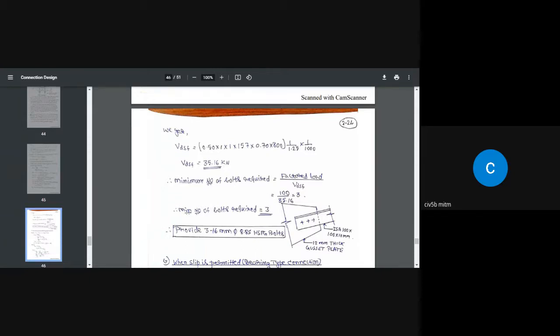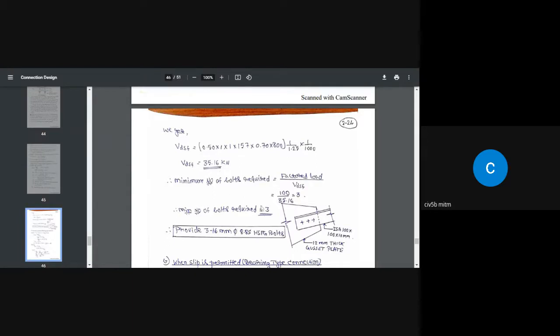So we designed for the design load. When we are applying the actual force to the member, it is 100, the factored load, divided by the load factor, which is 1.5. That is equal to 66.67 kilonewton. That is the maximum force to which the member is subjected in reality. But when it comes to design, we always go for the design force or factored load, and this is the design strength of each bolt.